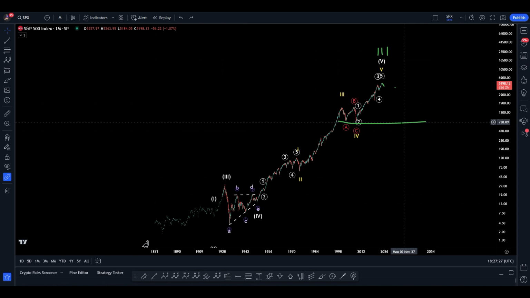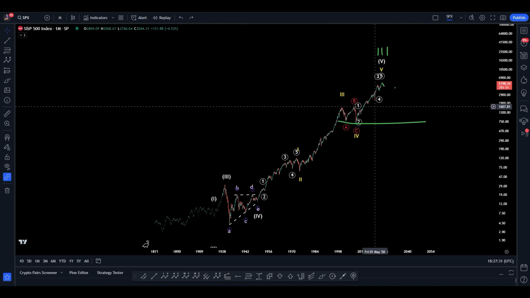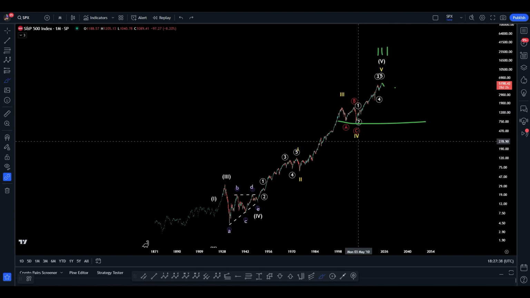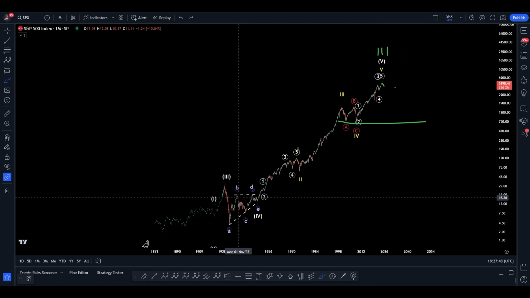It would be something different. So it would probably be either a regular flat or a triangle, but likely a running triangle, because you got a barrier triangle here. This would likely be a running triangle, and you got an expanding triangle here.